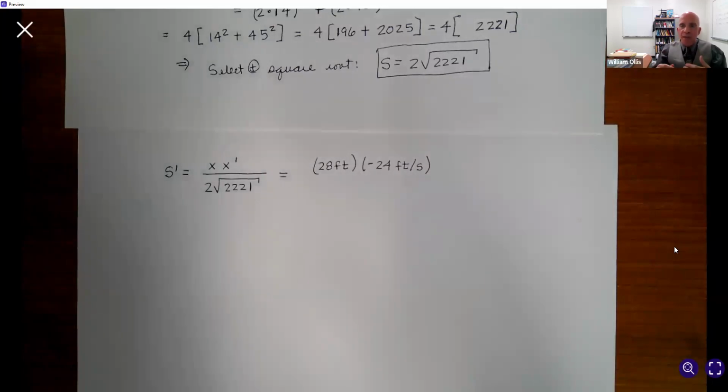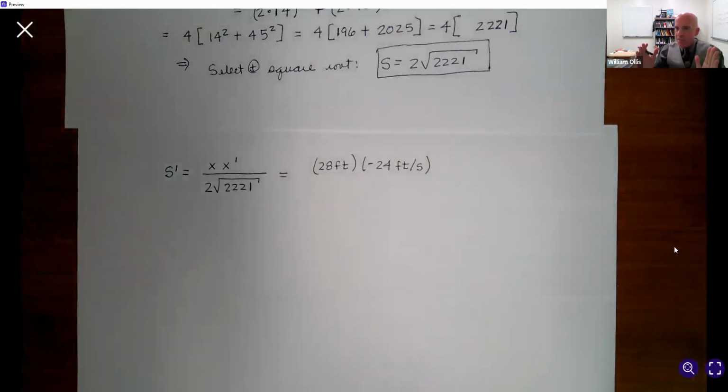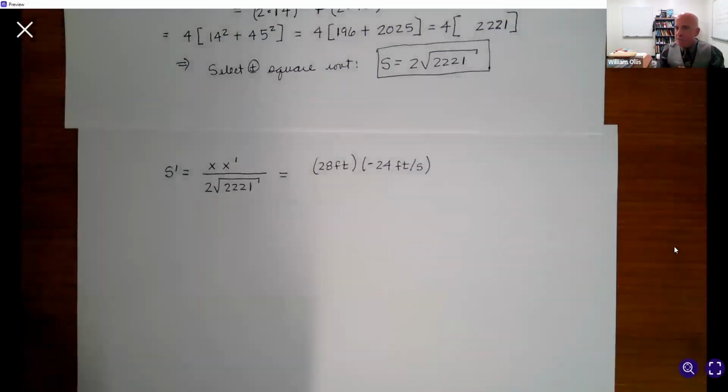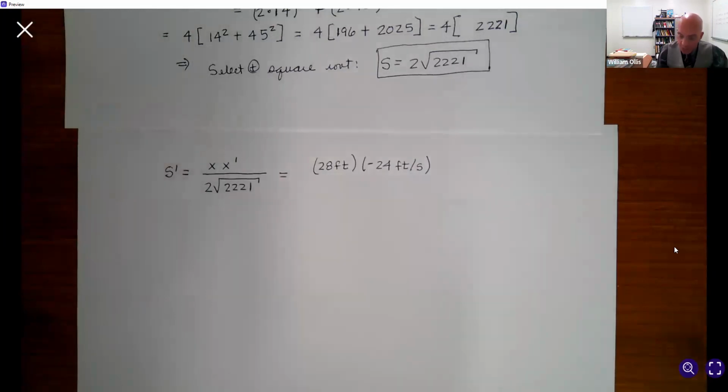So we would think of a positive rate of change as something getting larger, a negative rate of change is something getting smaller. And that's very important, but it's not something we just make up as convention. The arithmetic of the derivative basically supports that, and it's something that we have to abide by or our numbers are incorrect.